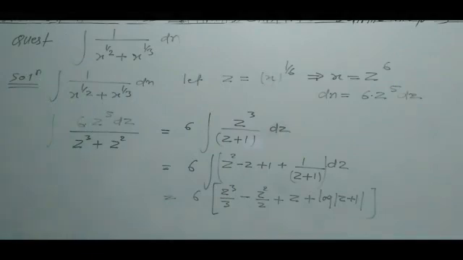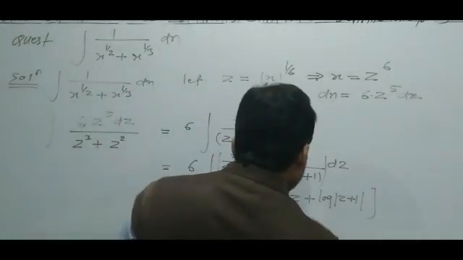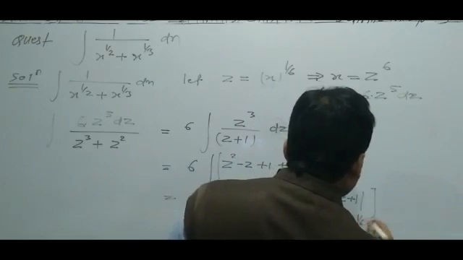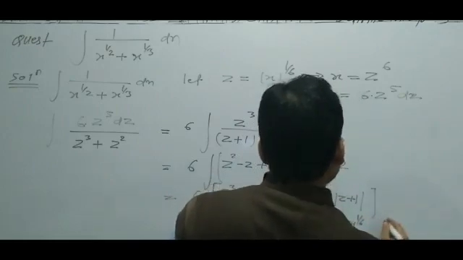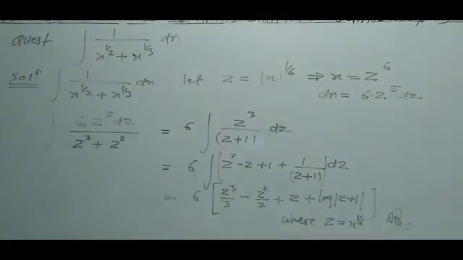Z value is x to the power 1 by 6. So here we can write where z is equal to x to the power 1 by 6 is the answer. Now this question is totally completed. Now see.